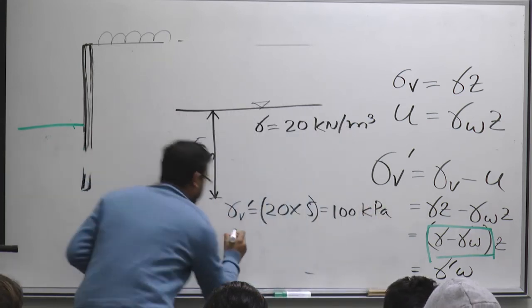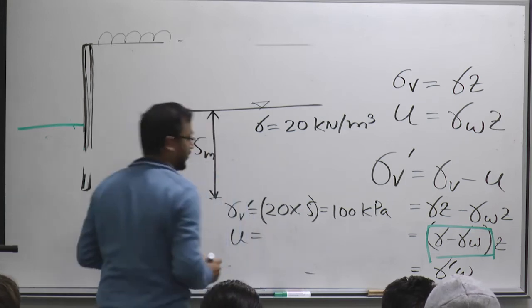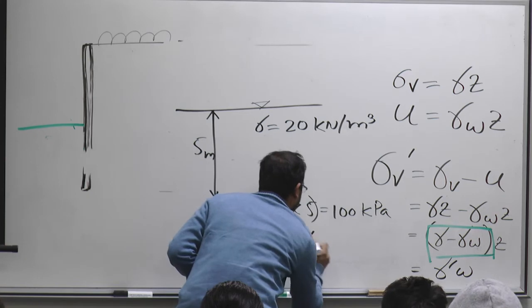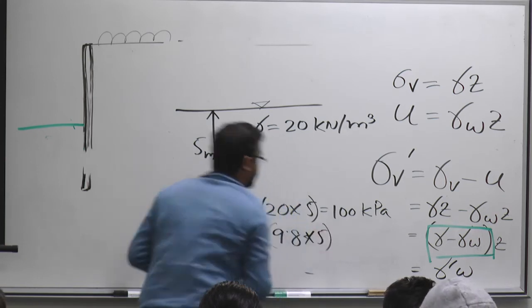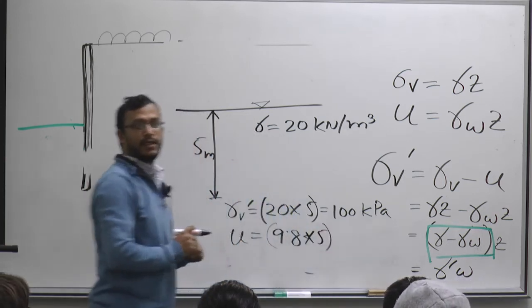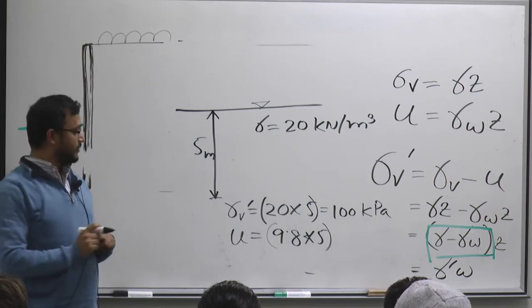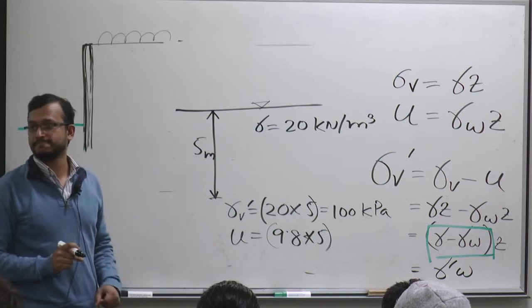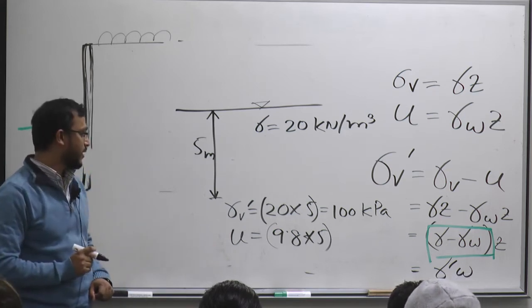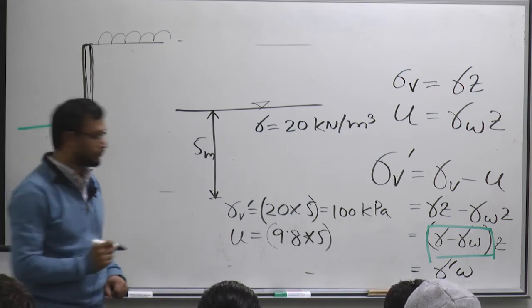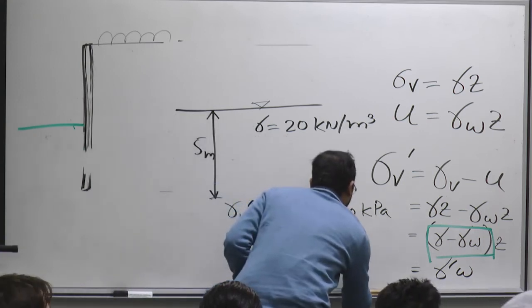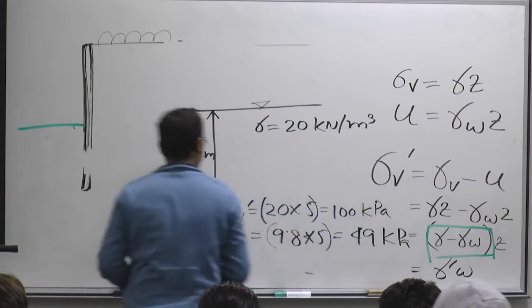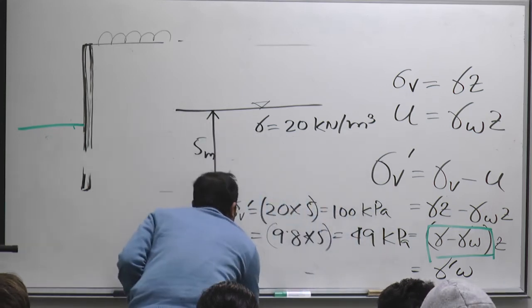For pore water pressure, U equals 9.8 times 5, how much is this? 49? Can you multiply that, anyone? 49 kPa.